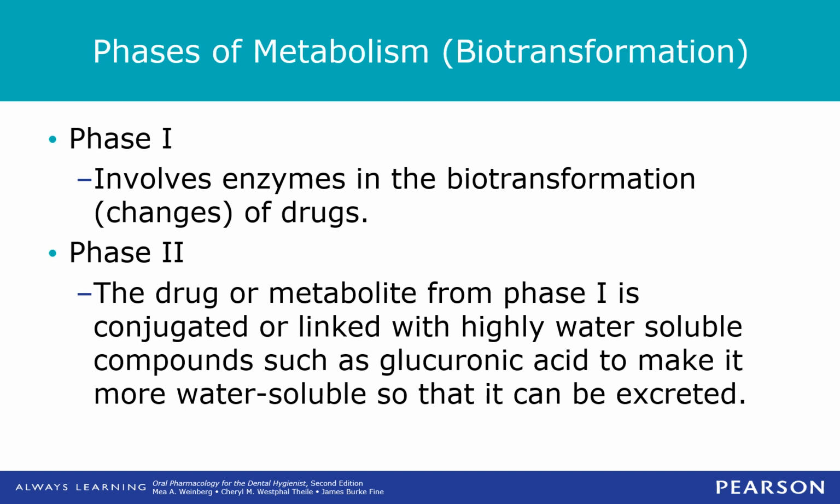You have different phases of metabolism. Phase 1 involves enzymes in the biotransformation of drugs. In phase 2, the drug or metabolite from phase 1 is conjugated or linked with highly water-soluble compounds such as glucuronic acid to make it more water-soluble so that it can be easily excreted through the urine.